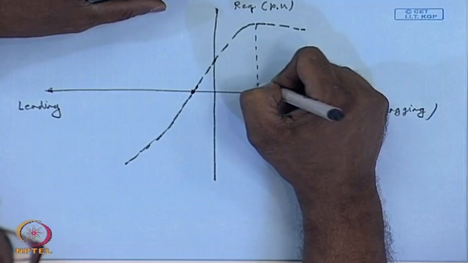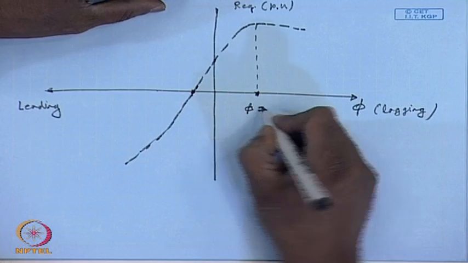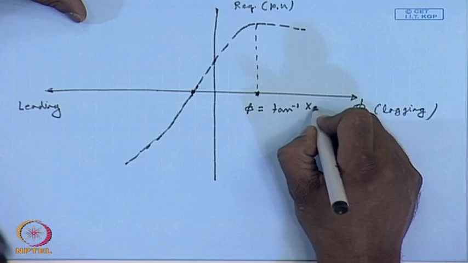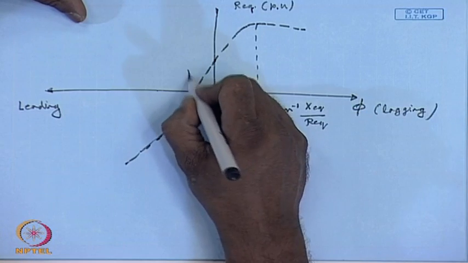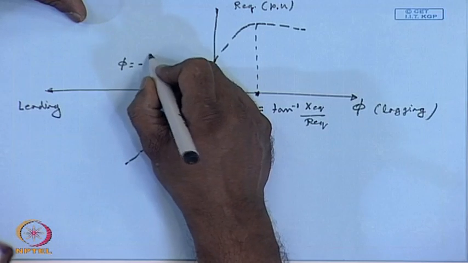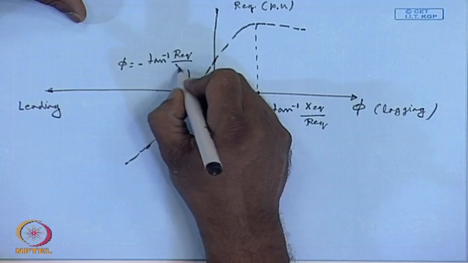At this point it is maximum, at this point it is 0. This value of phi equal to tan inverse Xeq by Req, and this value of phi equal to minus tan inverse Req by Xeq.